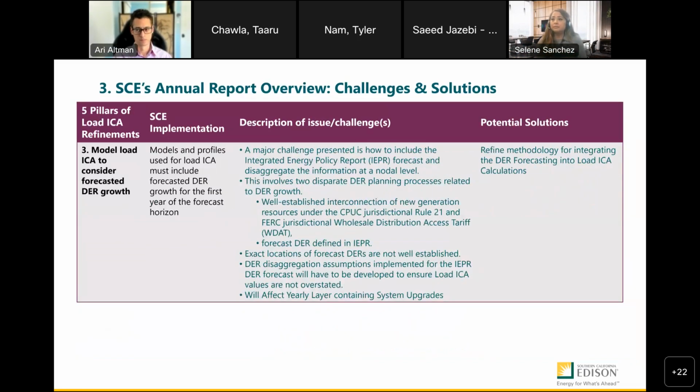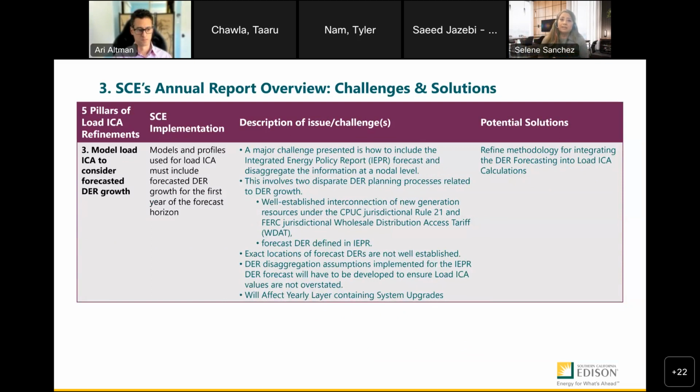Next slide, please. In efforts to include the forecasted DER growth, what we're planning to do is really separate the study assumptions between Gen ICA and Load ICA. For Load ICA, we want to align with our distribution system planning process, which uses IPER DER forecasts.